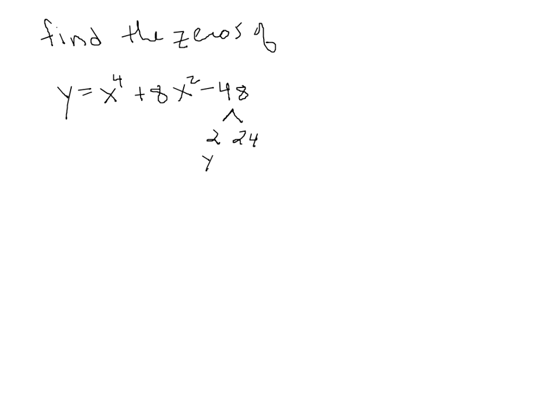It factors into 4 and 12, which, what do you know? If this is minus and this is plus, that equals 8. So this polynomial factors into x squared minus 4 and x squared plus 12.